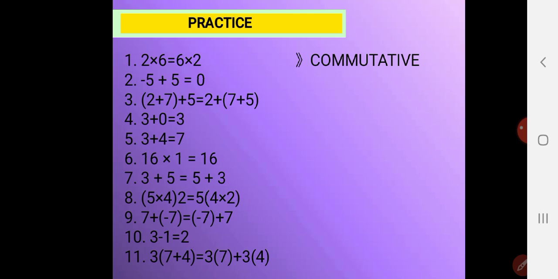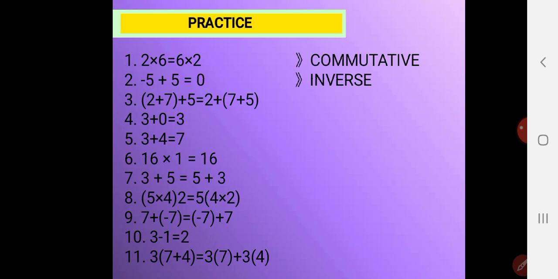Number 2, negative 5 plus 5 is equal to 0. Unsa man siya nga property? Kana siya nga property is inverse property. Next is quantity 2 plus 7 plus 5 is equal to 2 plus quantity 7 plus 5.